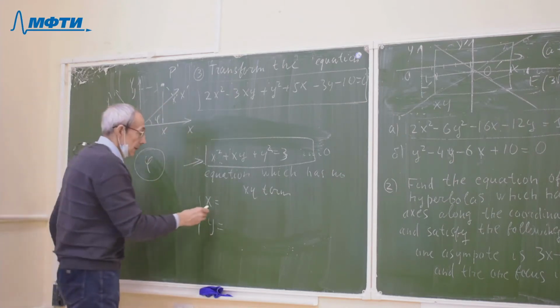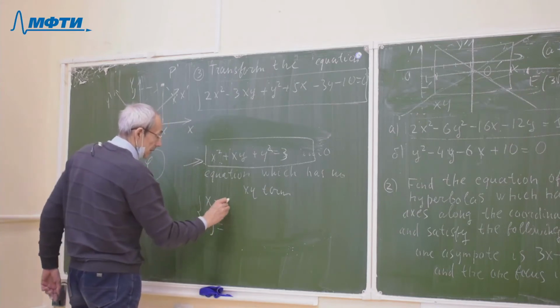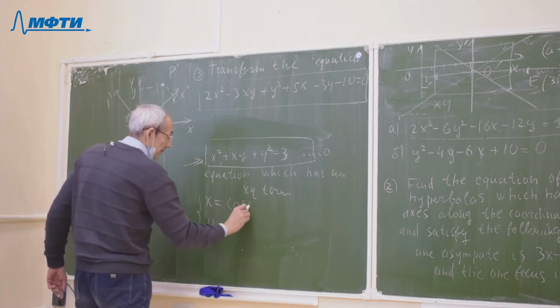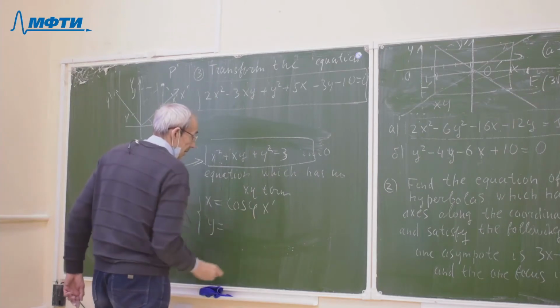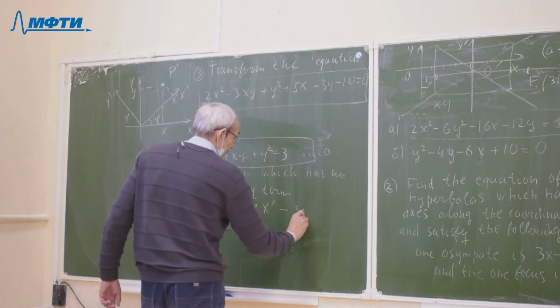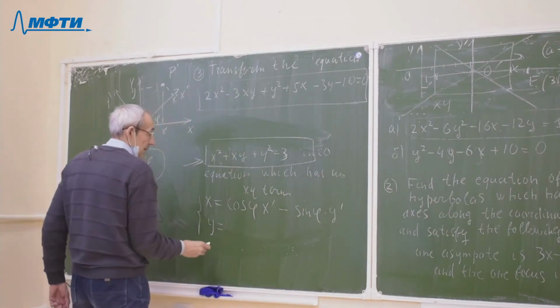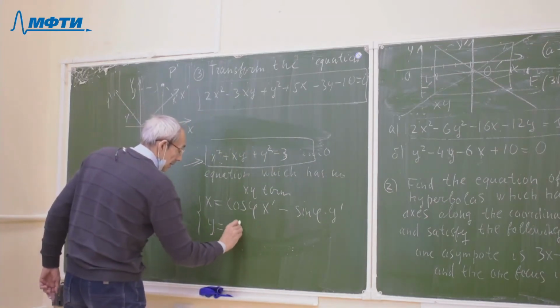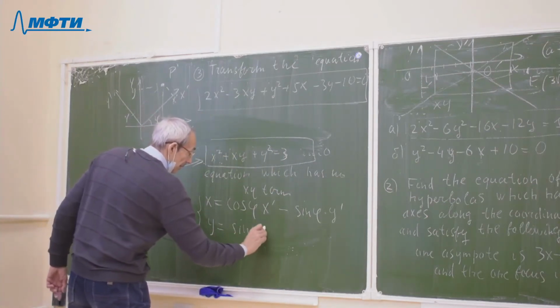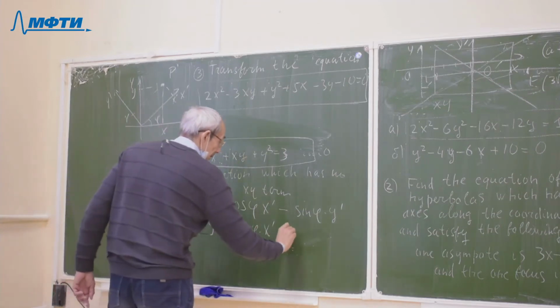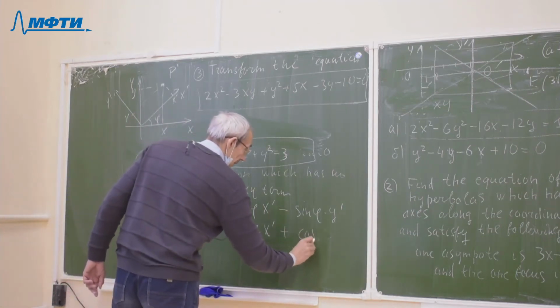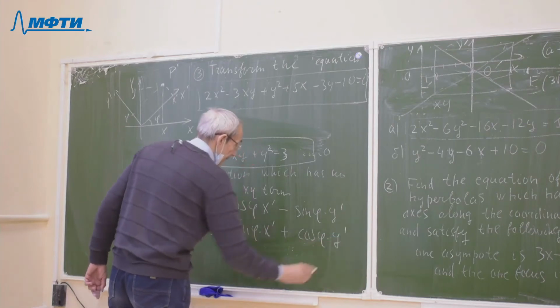And we have the following formula: x equals cosine phi x prime minus sine phi y prime, y equals sine phi x prime plus cosine phi y prime.